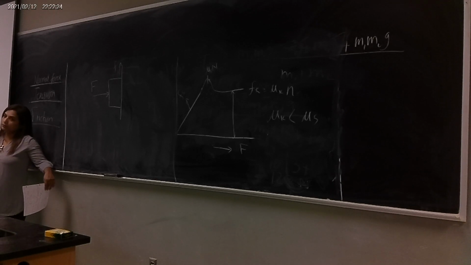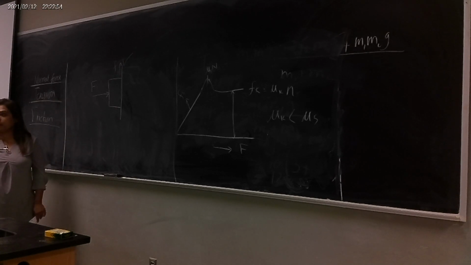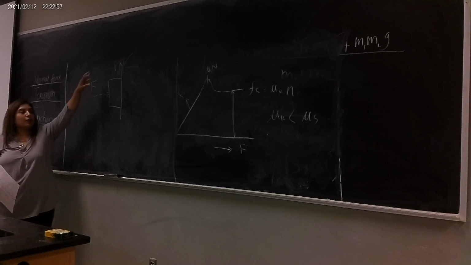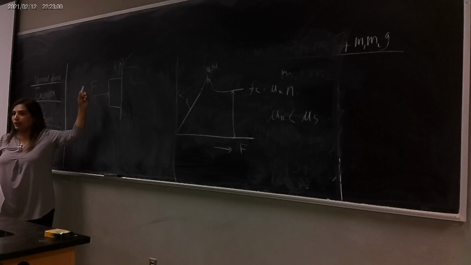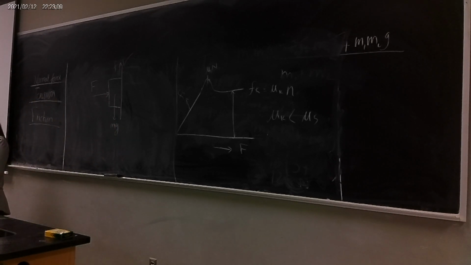When you move your hand, which way will the book go? Right? So the friction is always acting opposite to the intended direction of motion. The intention of the object is to go down. So friction would, yes, he is correct. This is the proper direction. The body is intending to go down, so friction acts upward, keeping it up, right? And the weight is still mg downward. What else is acting on it?